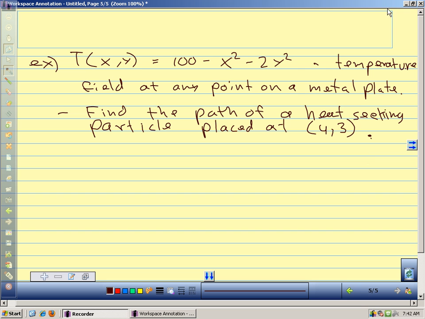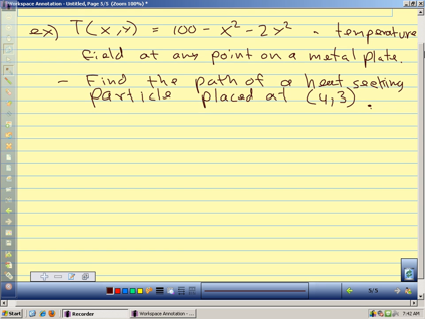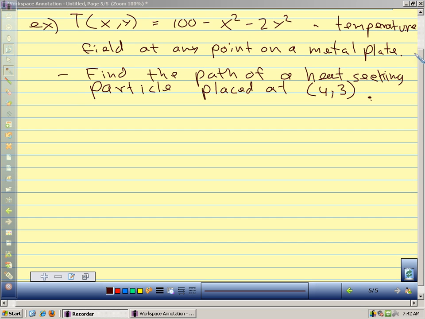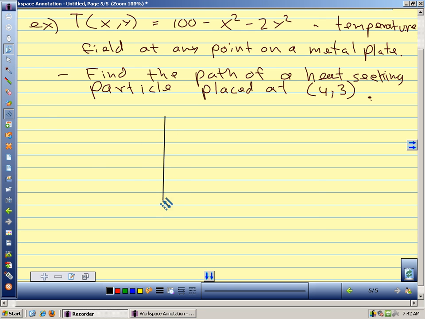So let's get an idea of what we're talking about here. Here's my XY plane. If we wanted to draw the level curves of this function, what would they be?